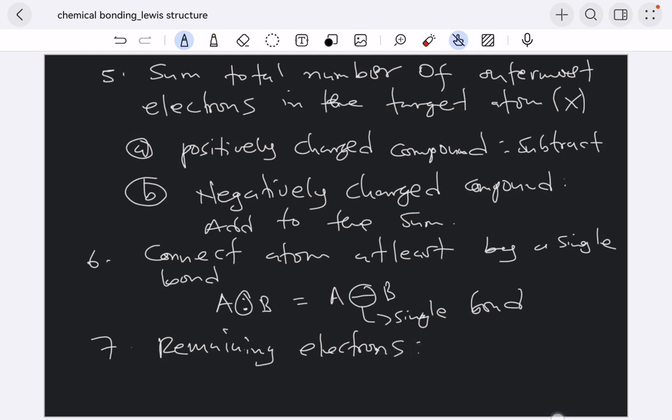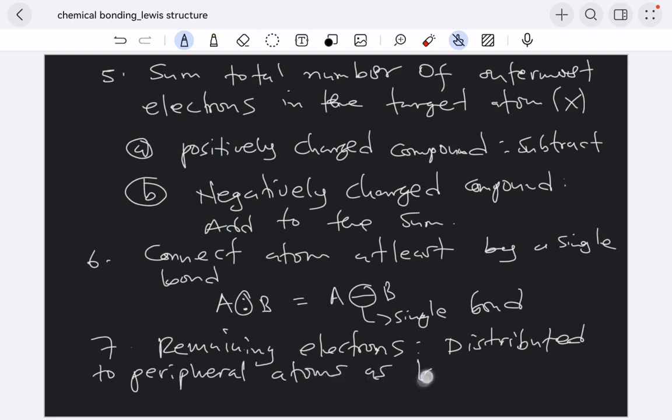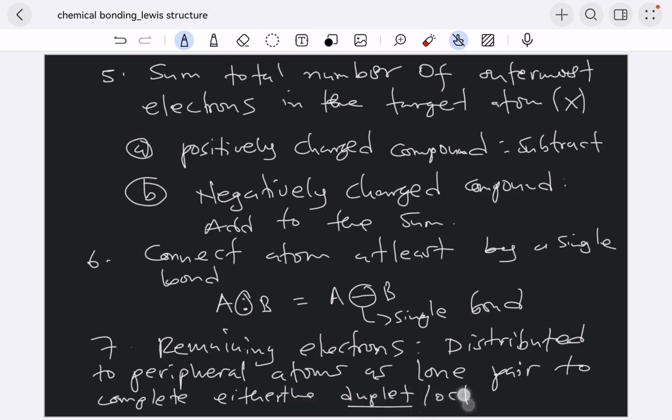The remaining electrons are distributed to peripheral atoms as lone pairs to complete either the duplet or octet rule.